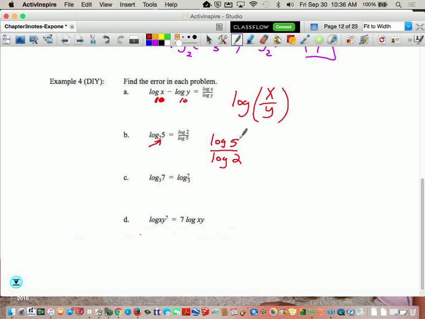And then the next one, log base 3 of 7. It looks like somebody tried to apply something. So again, that's not correct. We don't want that. I could, however, write it as a base change again. Log base 10 of 7 divided by log base 10 of 3.